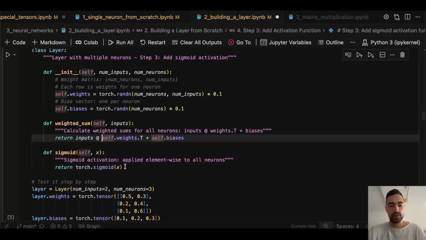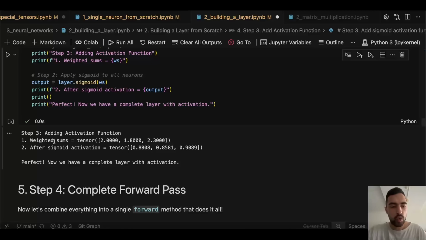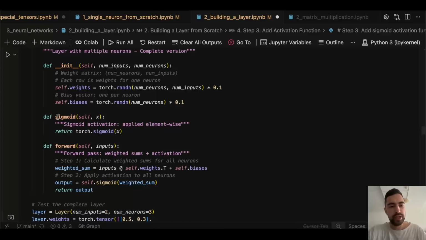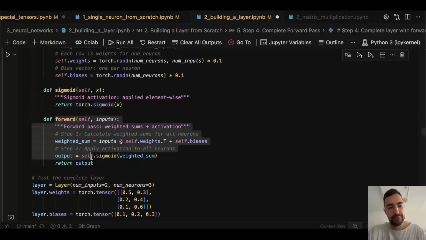And then it's very easy to add this activation function. So torch.sigmoid and pass in the neurons. So before the activation, the numbers that we got of the neurons are these, and then after activation, it's gonna be this tensor or vector. So after we have this sigmoid, we would add that to this forward function.